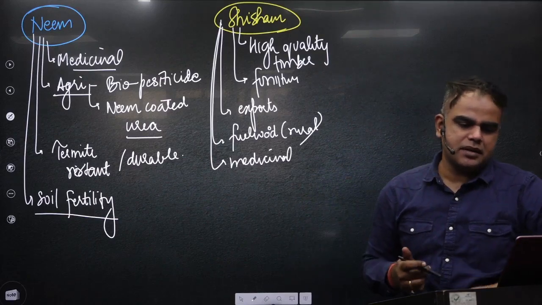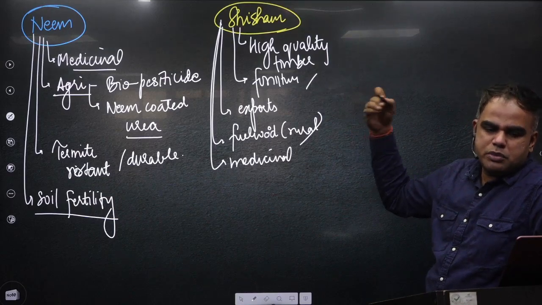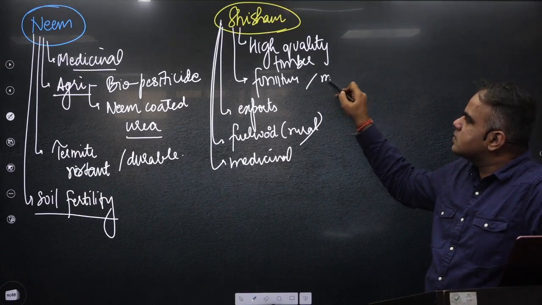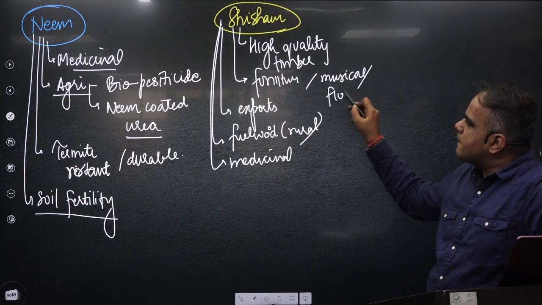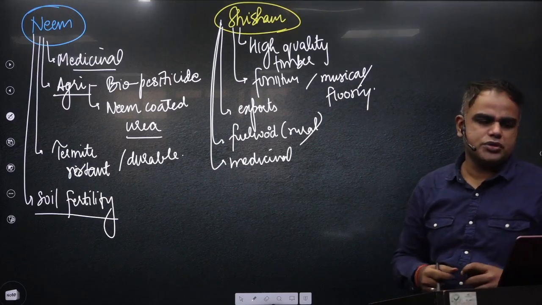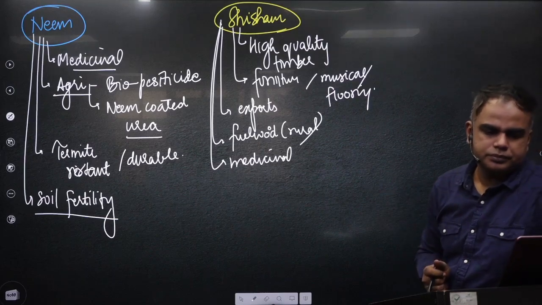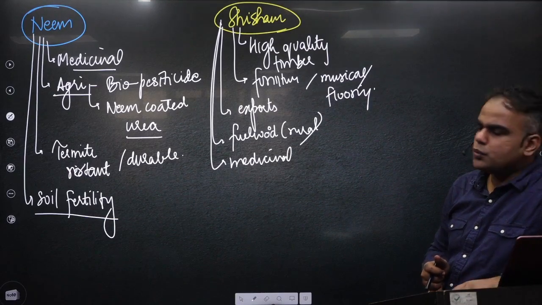Okay, that is there. Furniture, I've told you, you can even add, this can also be used in musical instruments, even for flooring work. So a lot of, let's say, things can be carried out through this. Okay, Indian rosewood shisham or Dalbergia sissoo.